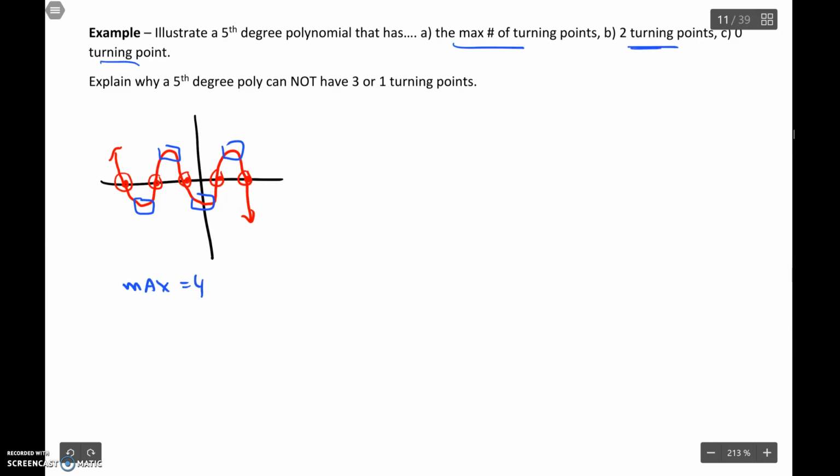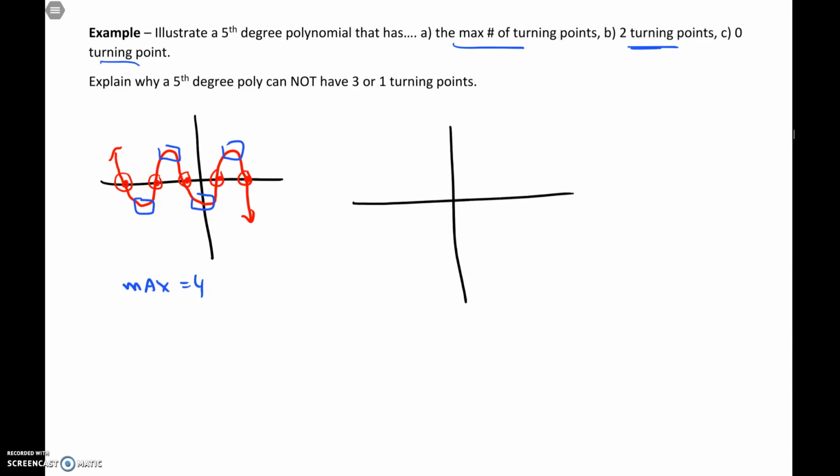But apparently we can get 2 turning points also. So how would we get 2 turning points? Well, to get 2 turning points, I guess I just need the function to turn twice. So I guess it could go like this. I know more about the graphs than you guys do. But just make a graph that just has 2 turning points.